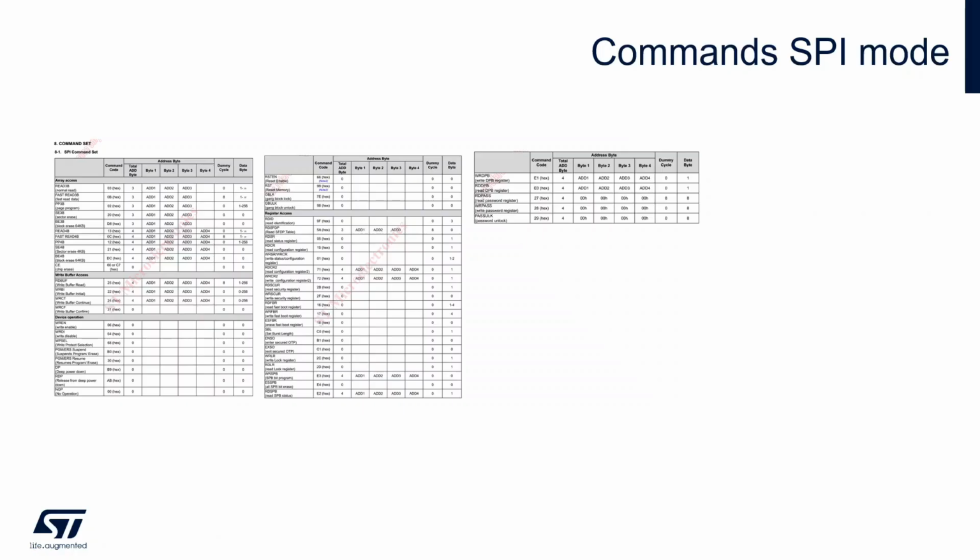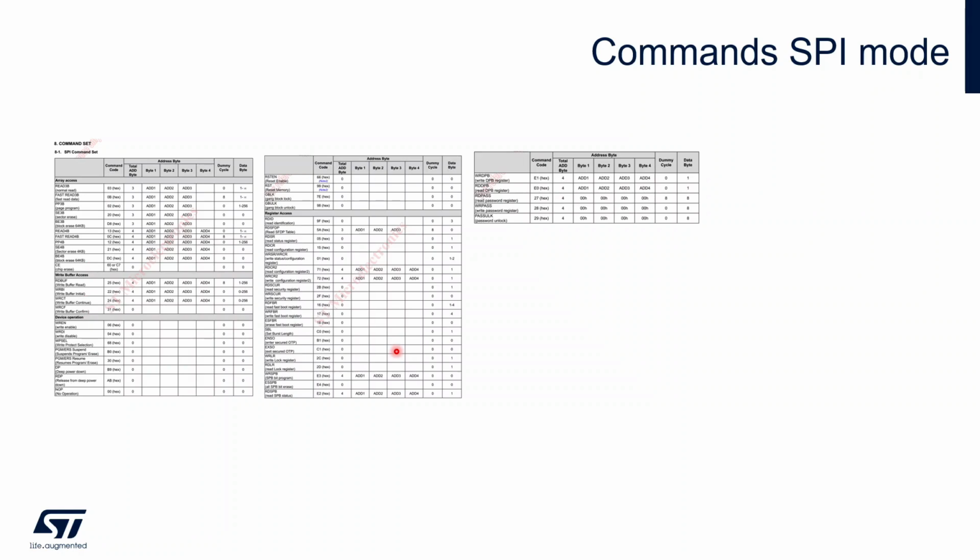If you look into the datasheet of the external memory, you discover that every memory has a defined command set. Some of them can have the same command set, and it can be different for the SPI mode and, for example, for the Octo SPI mode. Because we are now using only the SPI mode, we will focus on the command set related to the SPI mode, and you need to select the commands which are important for us.